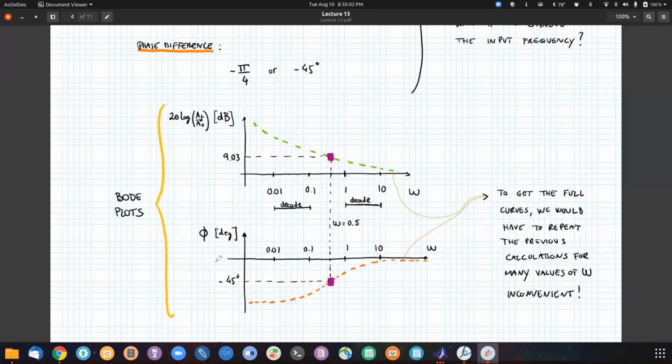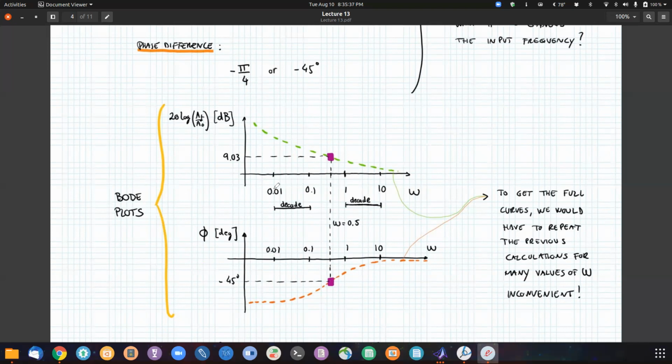So on the y-axis, we have on the first subplot decibels, and in the second subplot, well, we have the phase that generally is measured in degrees. What about the x-axis? Well, on the x-axis, we have the input frequency. Now I'm just going to call it frequency because the input and the output frequency are going to be the same. So on the x-axis, we have the frequency.